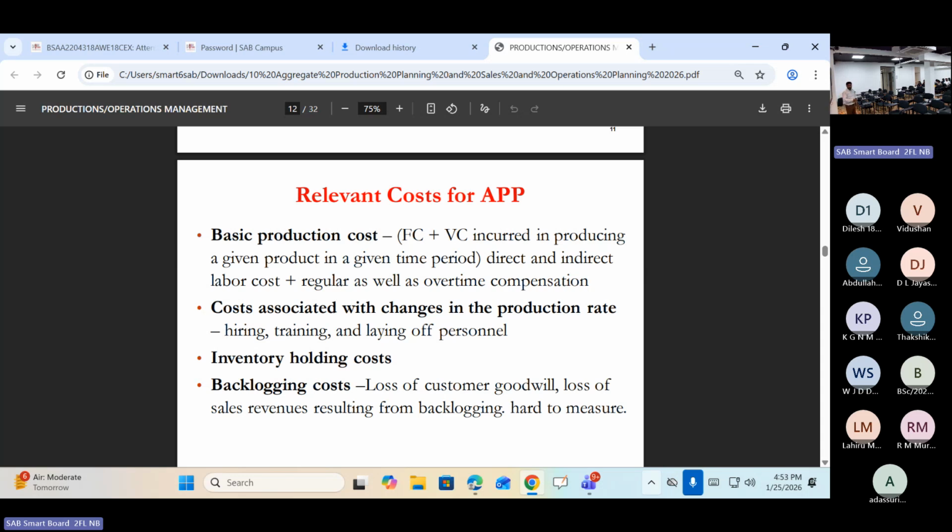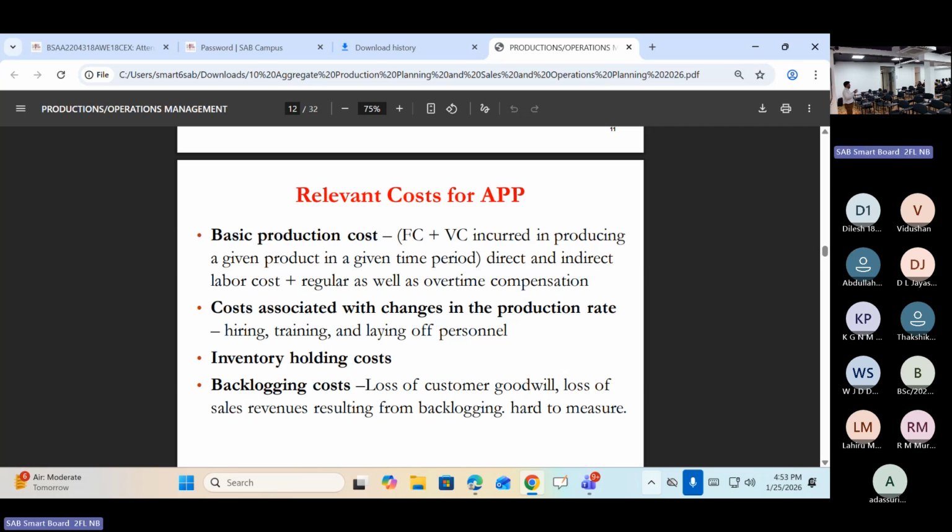Costs such as loss of customer goodwill, lost sales opportunities, because you don't have products, you could not sell. Lost sales or loss of customer goodwill, some sales revenue losses due to backlogging.